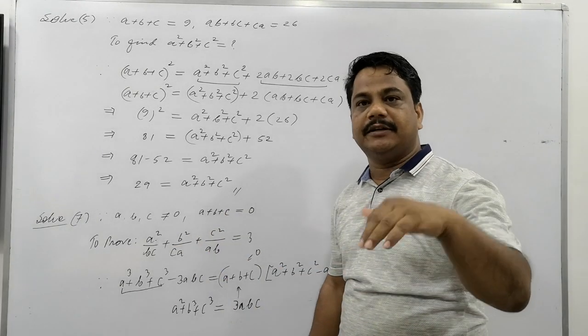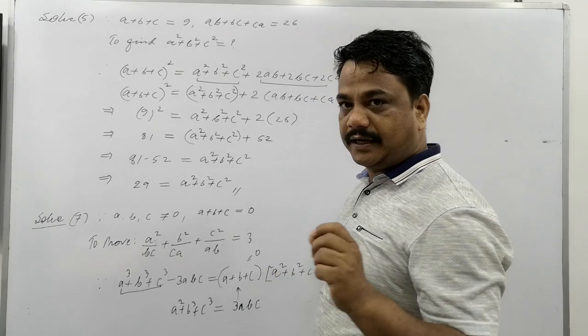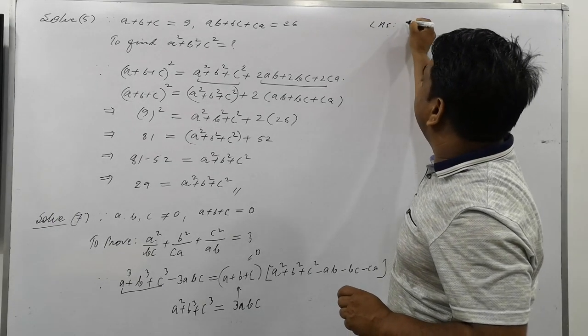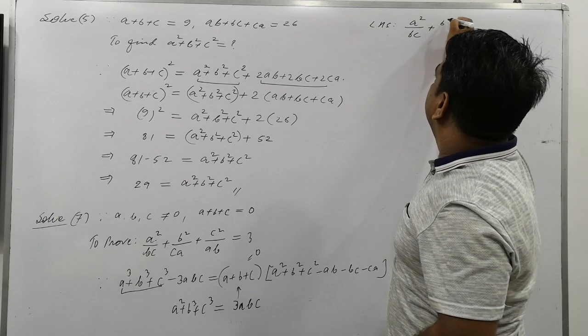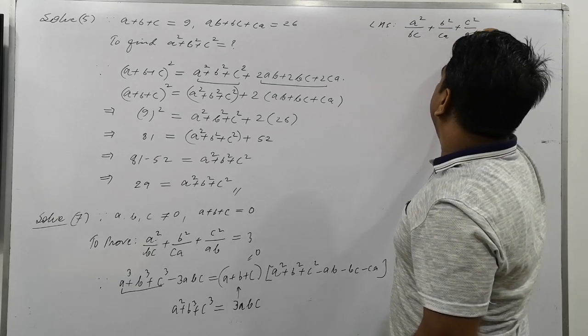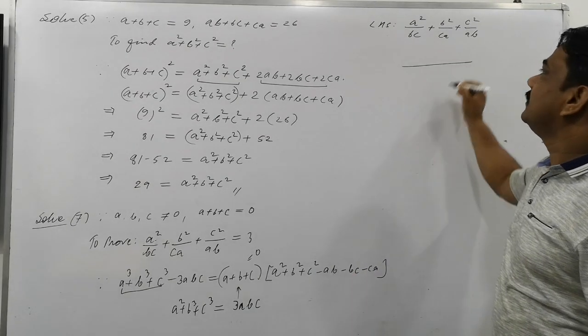In that situation, what the student has to do, I'm telling right now: an average student has to start here. Left hand side, what is that? It's a square by bc, b square by ca, and c square by ab. This is the left hand side. And what can he do first?